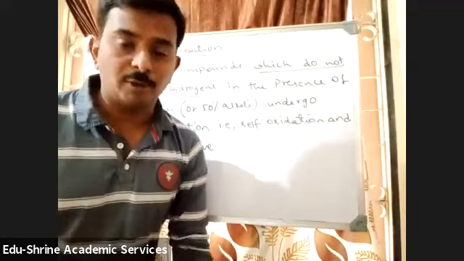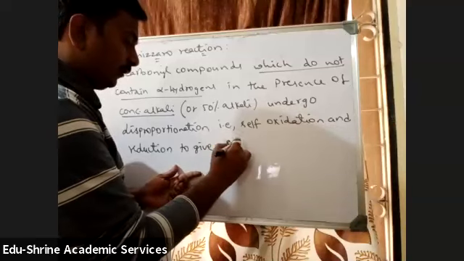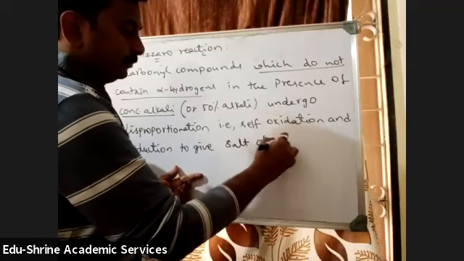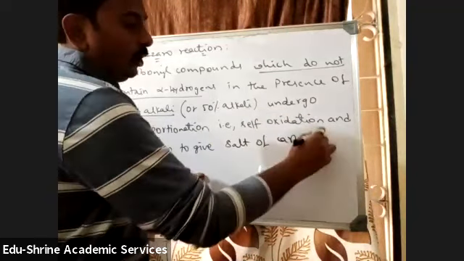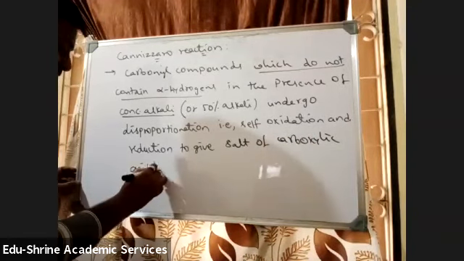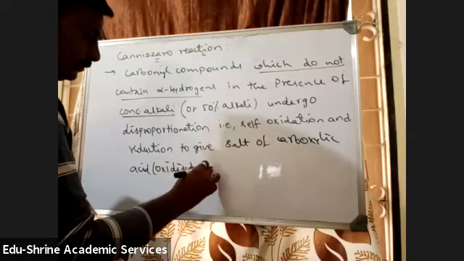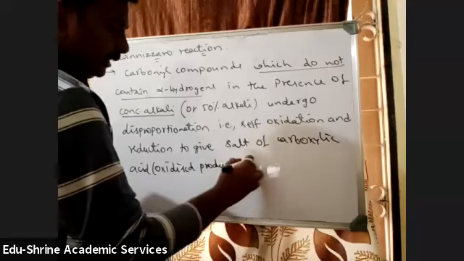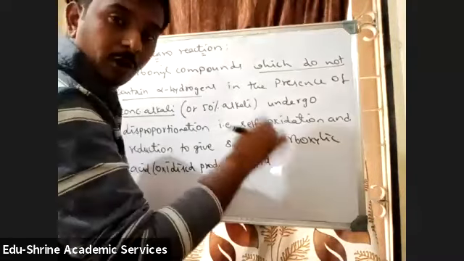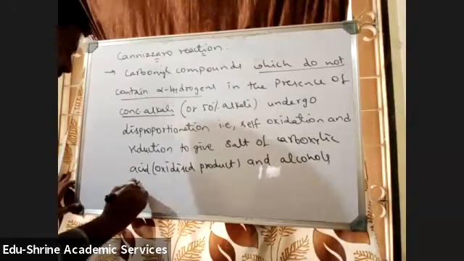So we get the salt of the carboxylic acid as the oxidized product, and on reduction we get alcohols as the reduced product.